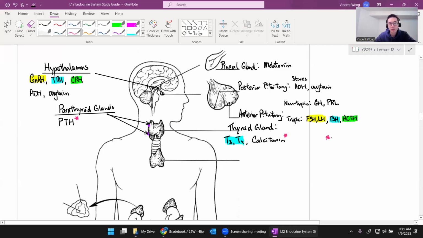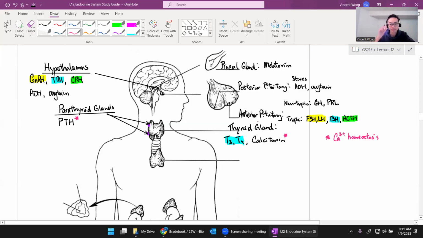Okay, I'm gonna put a star here between the parathyroid hormone and the calcitonin. And just to remind you, they are antagonistic hormones to maintain calcium homeostasis. Calcitonin will bring it back down if it's too much. PTH will bring it back up when you don't have enough. When you have an increase in calcium, you need calcitonin to bring it back down.